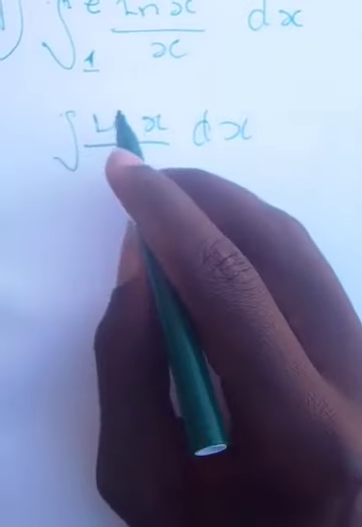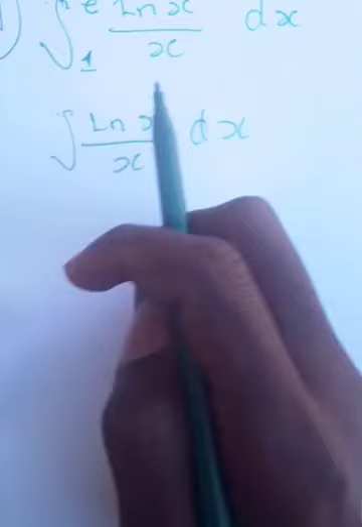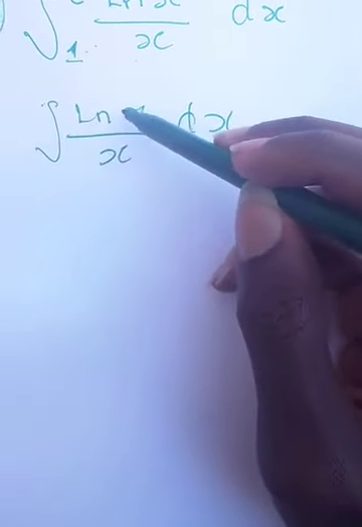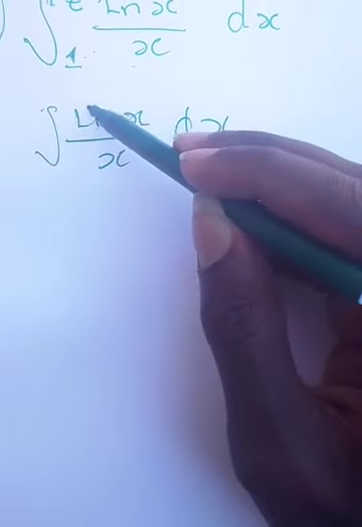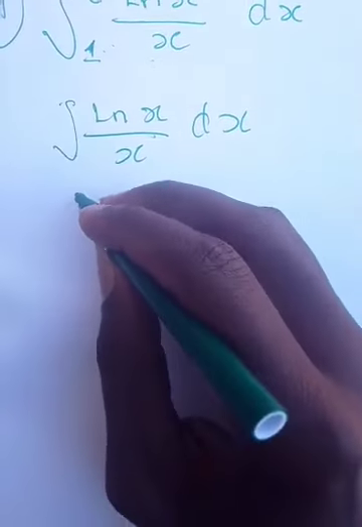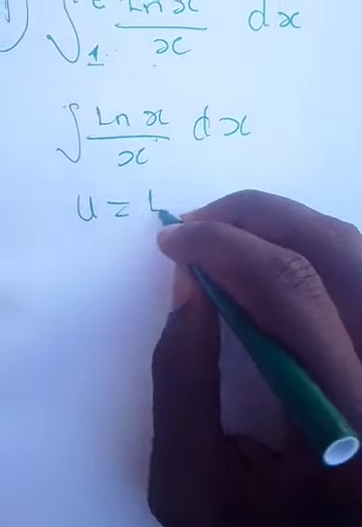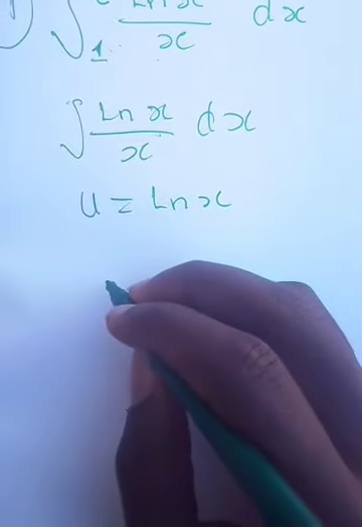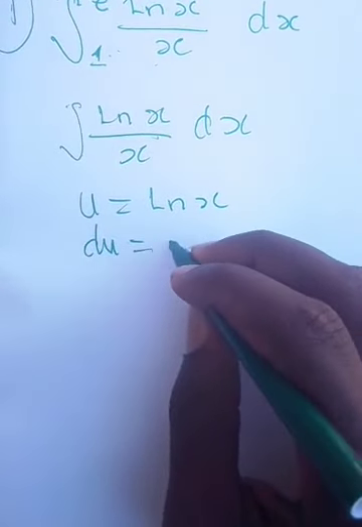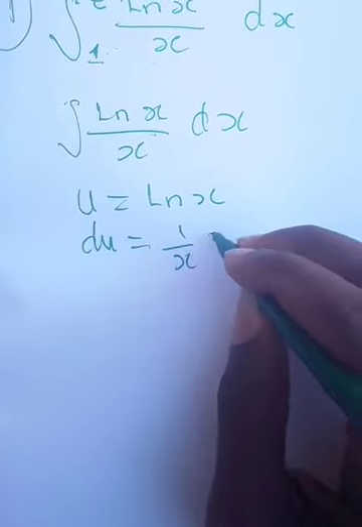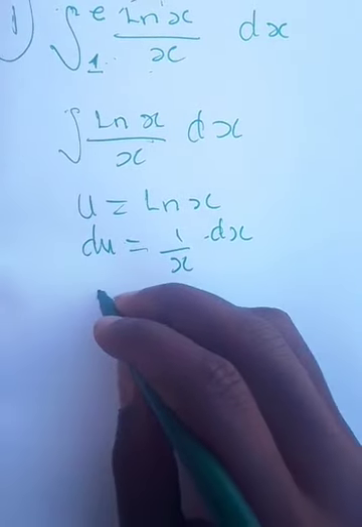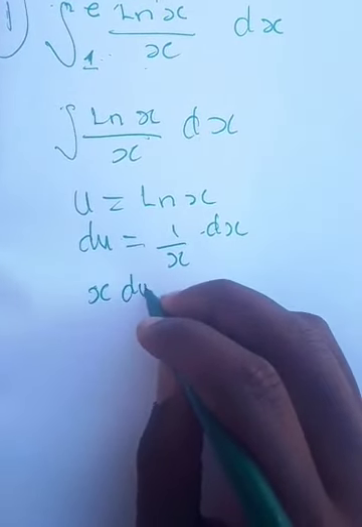We are going to use substitution here, because the derivative of natural log x gives us what is in the denominator. So my u is going to be natural log x. Let's find our du: du is equal to 1 over x dx. I need to make dx the subject, so I just cross multiply: dx is x times du.